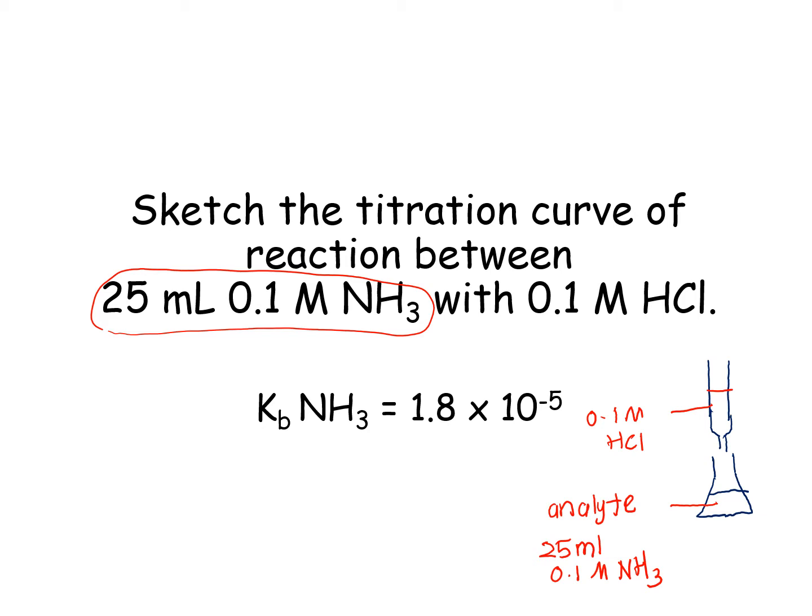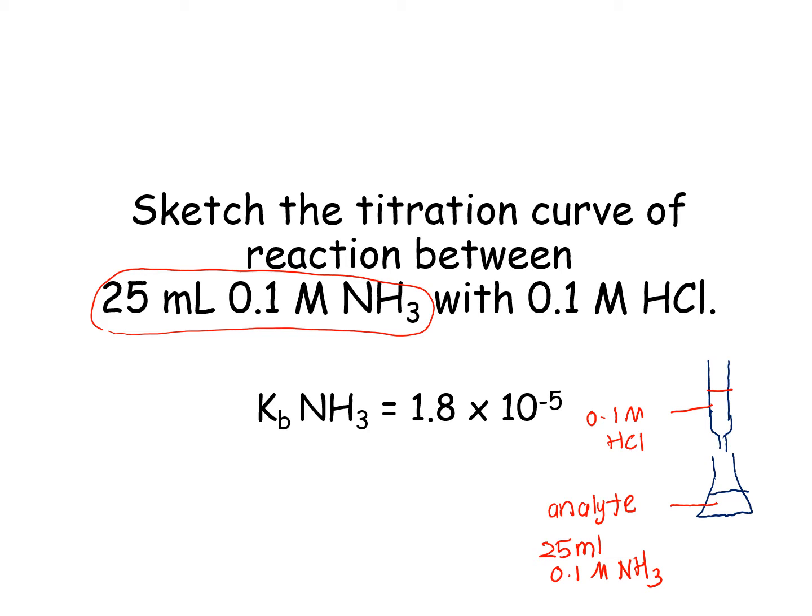So, this will also change the shape of the titration curve later. Yang kita nampak selama ni, the last two videos, our titration curve, kita start daripada pH yang rendah, daripada bawah, sebab analyte kita adalah acid.